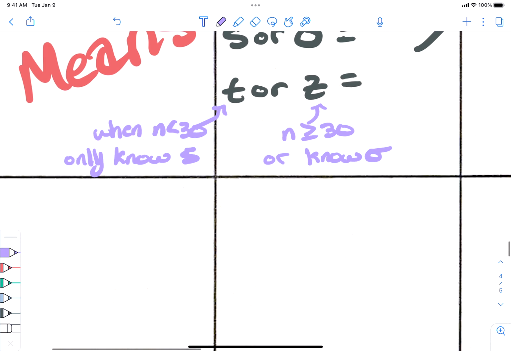Okay? That's when you use each one of those. So if your n is less than 30 and you don't know the population standard deviation, you use T. If you do know the population standard deviation, which is this guy, you use Z, or if n is greater than 30. Does that make sense?